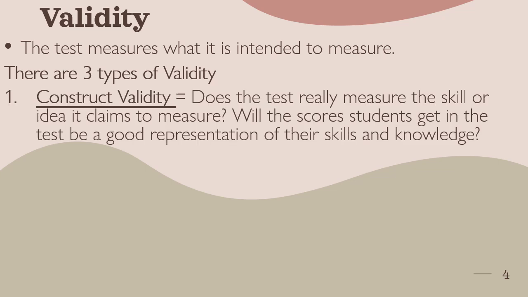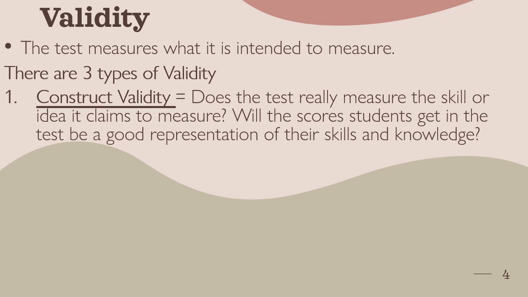The construct validity asks this question: does the test really measure the skill or concept it's supposed to measure? For example, if you test students' ability to use certain vocabulary, then construct a test that will help you achieve that objective. Don't construct a test that doesn't contain the parts where students actually use the vocabulary, right?